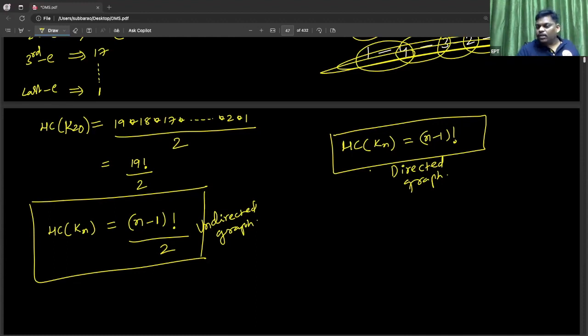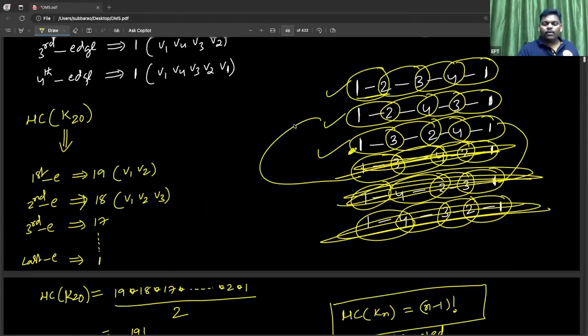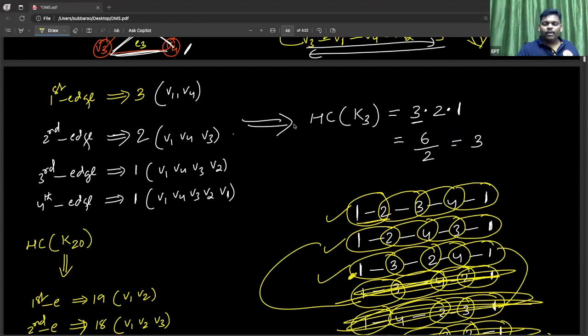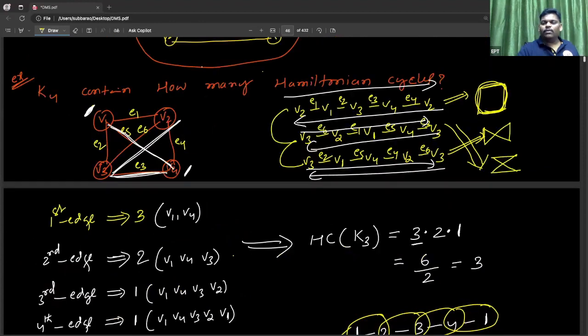Someone is saying that for K3 you did 3 factorial. Wait. It's K4, no? Can we go to next?